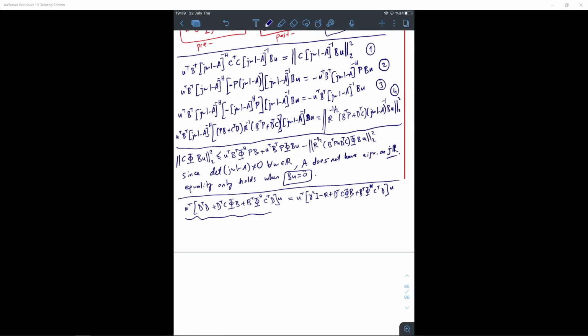Instead of D transpose D, I just wrote this. Okay, so not a big deal.